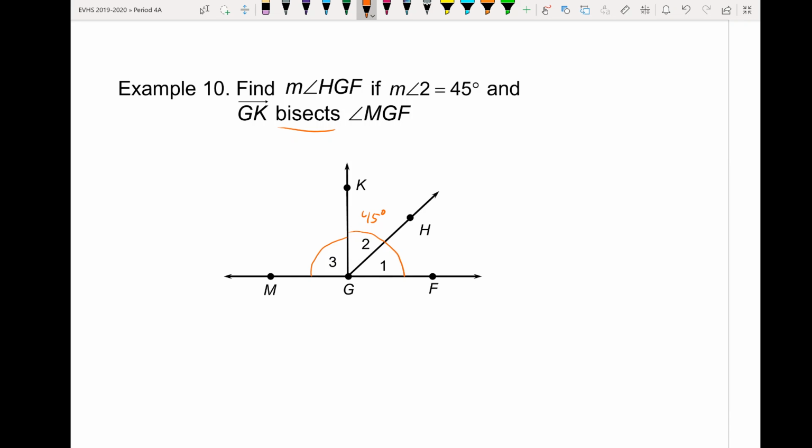Now, since MGF is a straight angle, one continuous line, if it bisects it, then these two have got to be 90 degrees. And then if this is 90 degrees, 45 plus the measure of angle 1 equals 90. Therefore, the measure of angle 1 is 45 degrees.